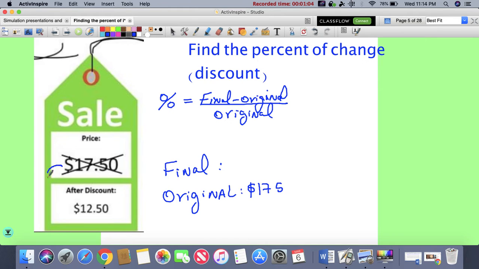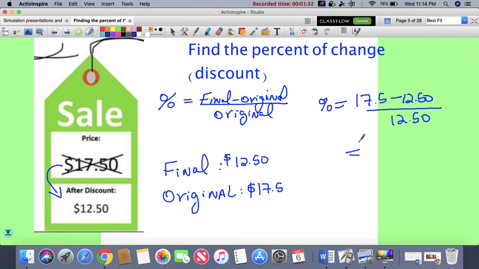Well, after a discount, el precio bajó, the price went down to $12.50. Right? So going back to what we have to do, we have to subtract these two. So the percent is going to be $17.50 minus $12.50, and then you're going to divide by $12.50.